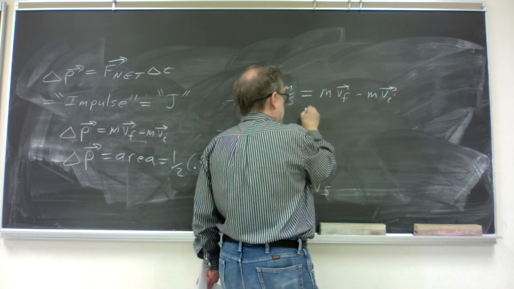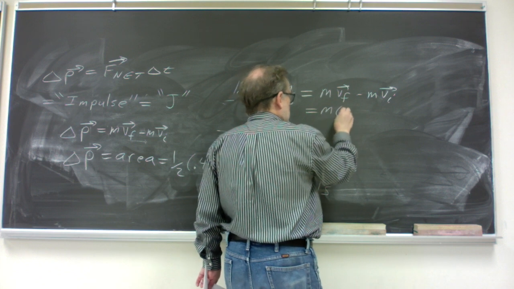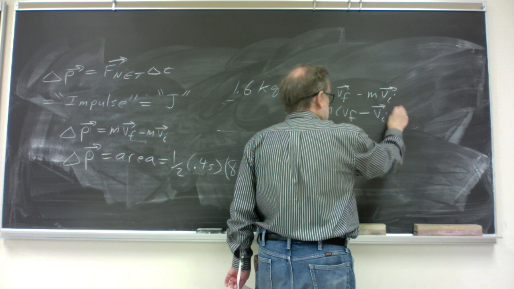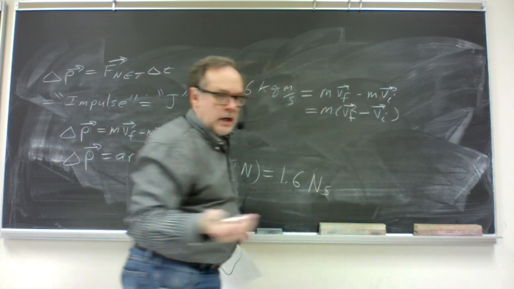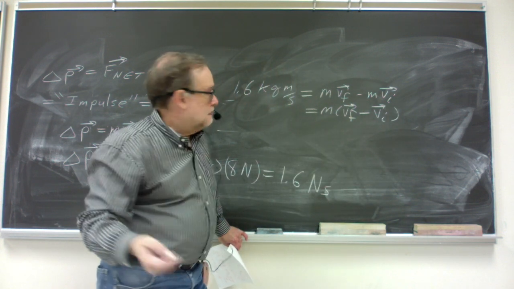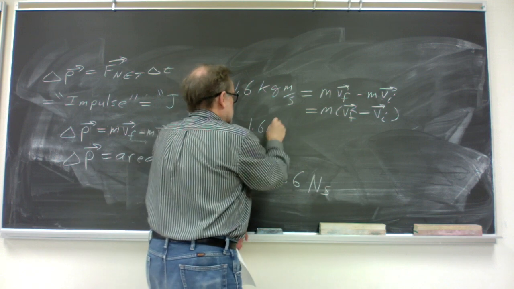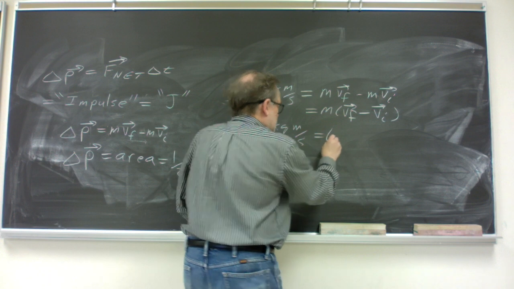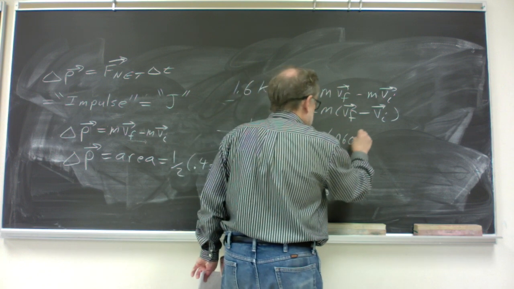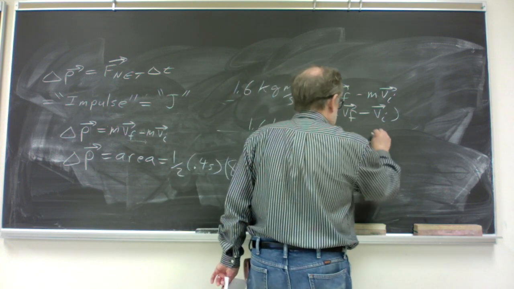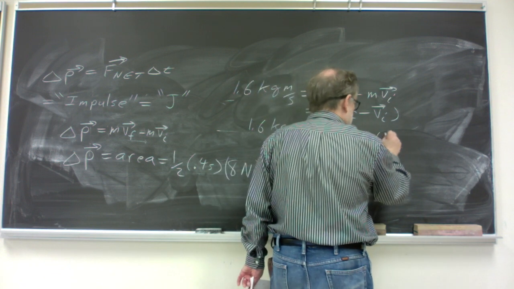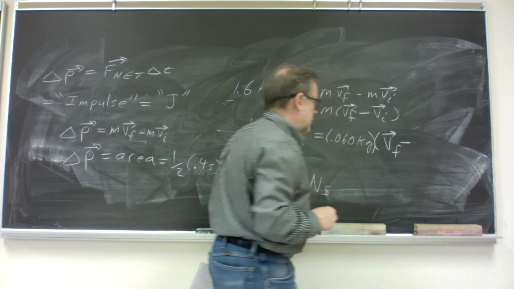And let's factor out the m. So we're left with m times the quantity final velocity minus initial velocity. And then we just put in the numbers. 1.6 kilogram meters per second, and then the mass is 0.060 kilograms, and that's times the quantity V final, which is what we're trying to find, minus V initial.